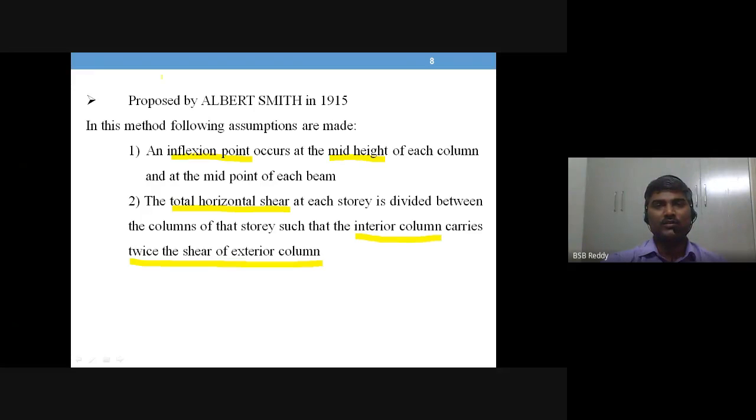So the horizontal shear by the columns in a frame are being related. That is the main assumption which differs between the methods, either cantilever or portal. The portal method is based on the assumption on column shears, which you should remember.